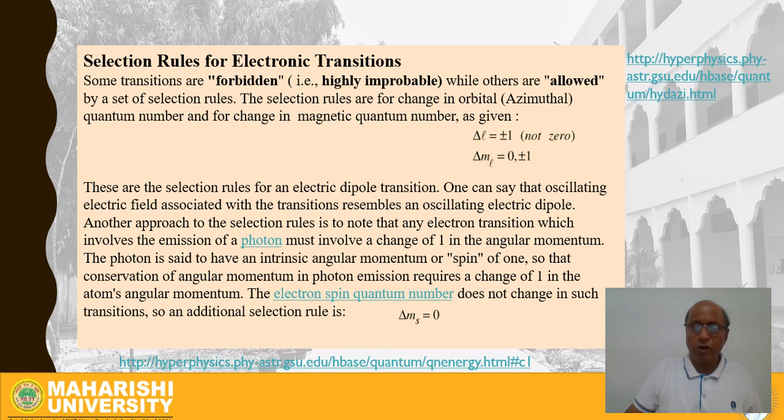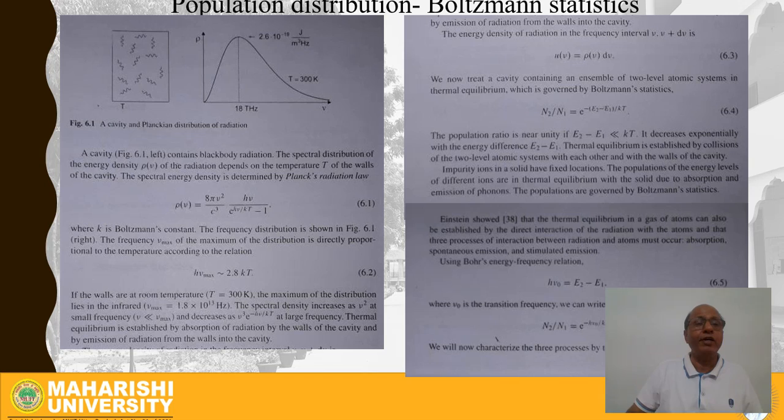Now we will move to another subtopic, which is related to population distribution inside a cavity having two atomic levels. So let us consider first Planck's distribution law, which we had discussed during the last lectures, in our discussions on the summary of black body radiation.